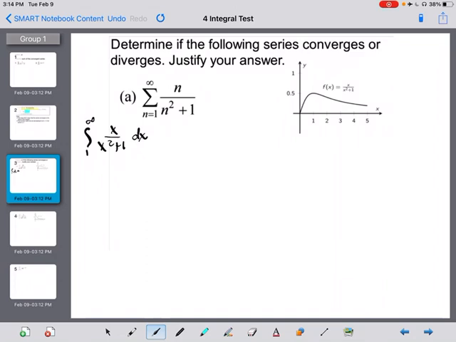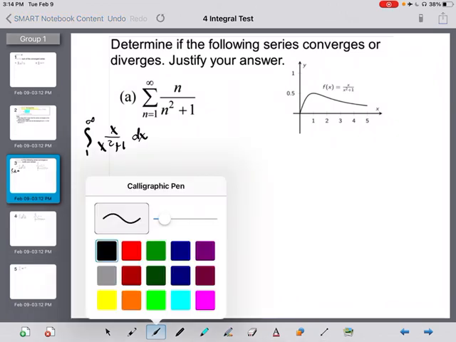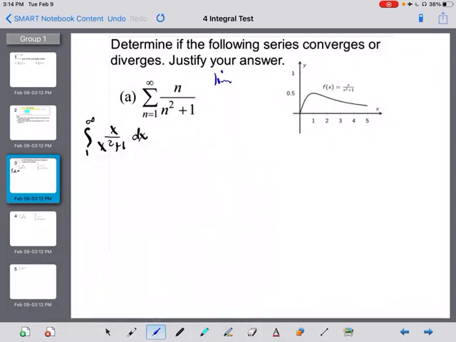Now if I take a look at this function and try to find the limit as x approaches infinity of x over x squared plus 1, I can see that it is going to equal 0. So thus, at some point, it has to be decreasing.